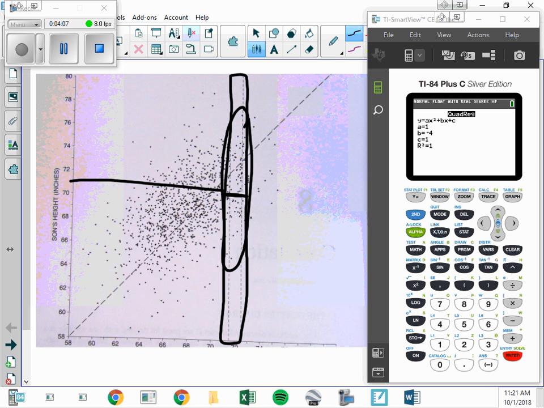Yeah, that's not very right. How about 70? So that's kind of weird. Fathers who are 72 inches tall have sons that are on average 70 inches tall. Okay, you wouldn't have guessed that, right? So there's something at work here, and we'll get into that in a little bit.